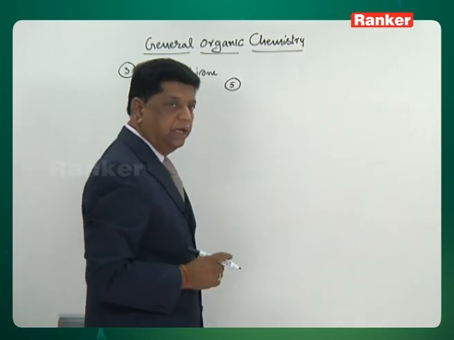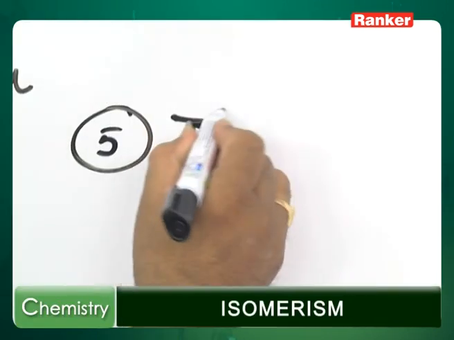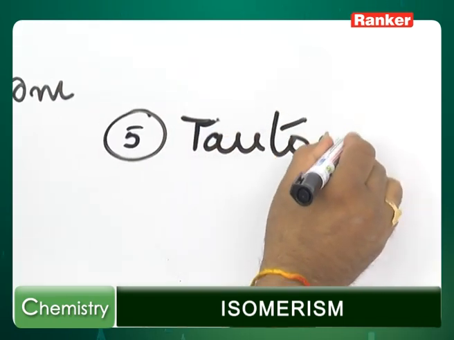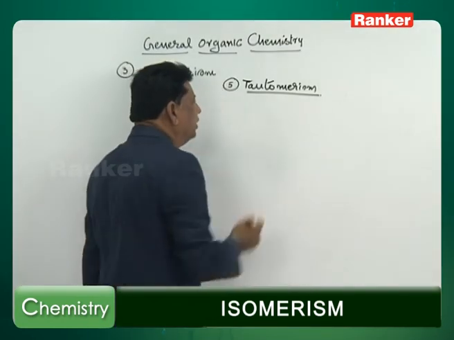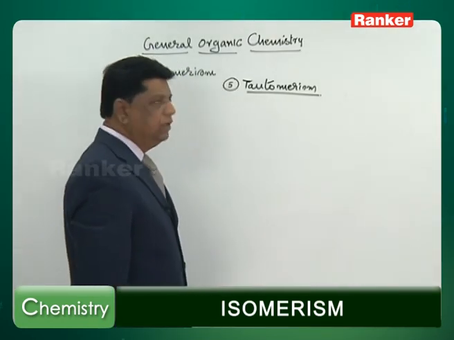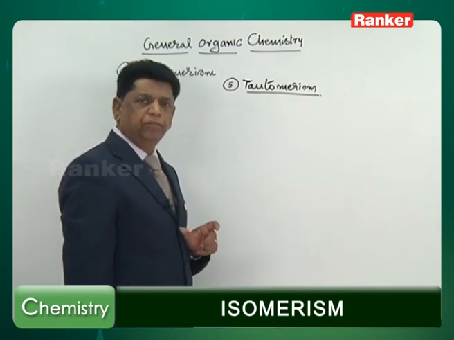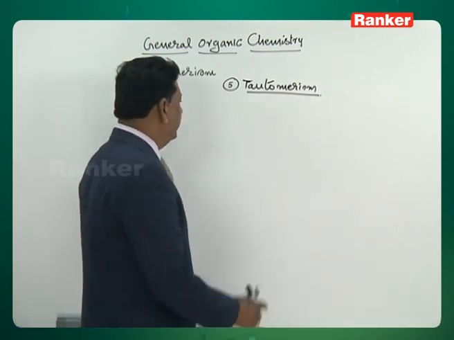The fifth variety under structural isomerism is tautomerism. In tautomerism there will be two isomers, but they exchange mutually.